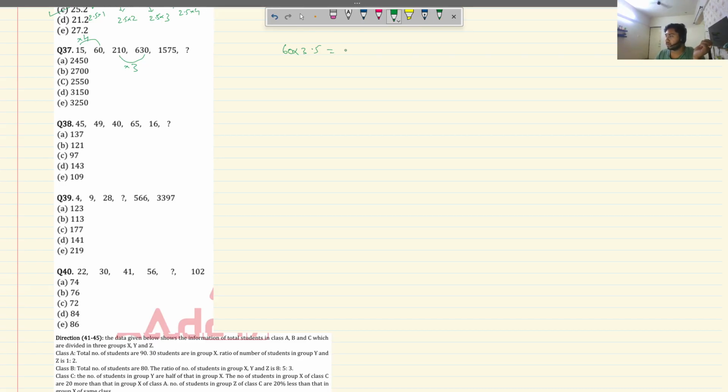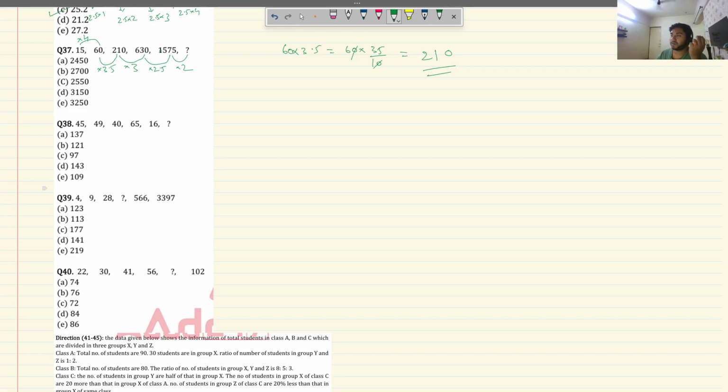Let's see. So 60 into 35 by 10, 6 into 5 30, 6 into 3 18 plus 3 210. Yes, indeed I am getting 210. So 60 into 3.5, that means this multiplication factor is reducing by 0.5. आधा कम हुआ 3.5 3, then it must be 2.5 and this must be 2.